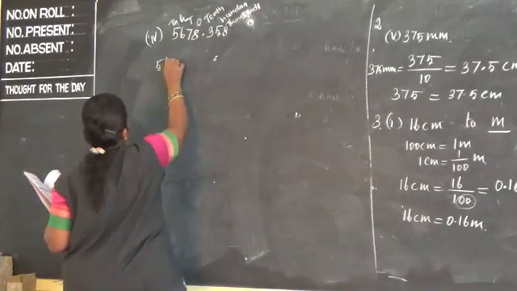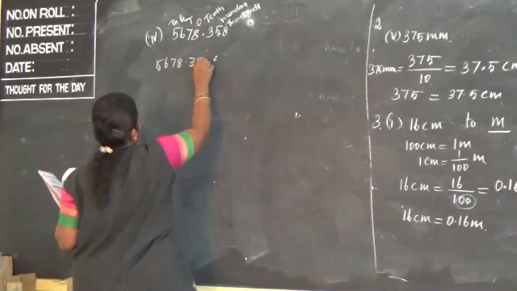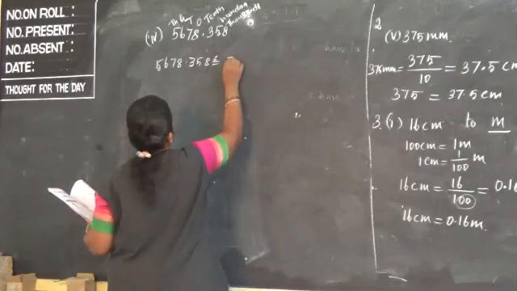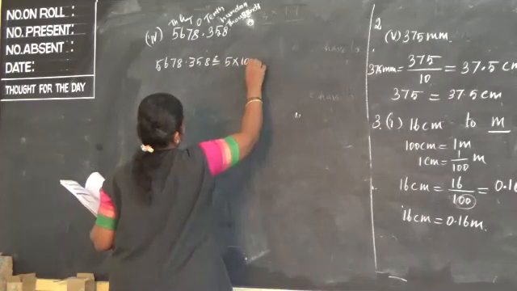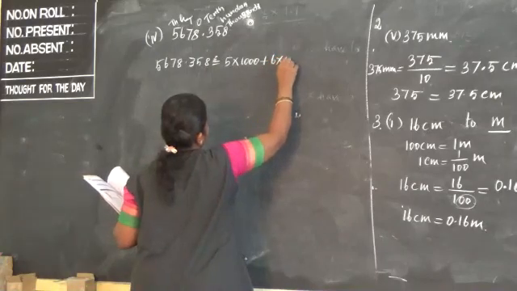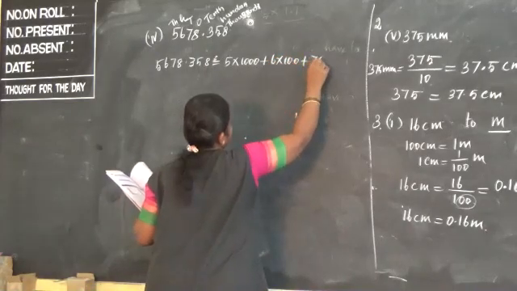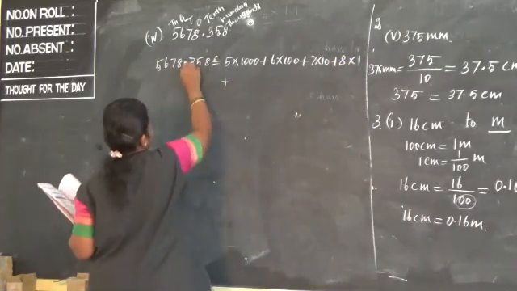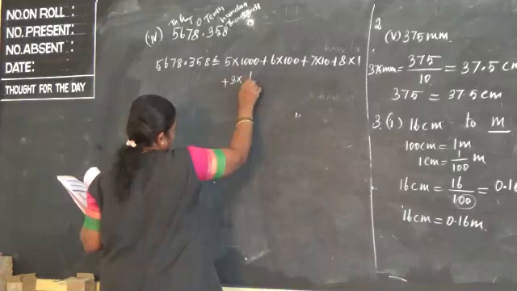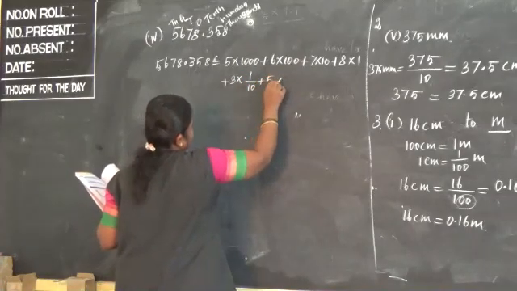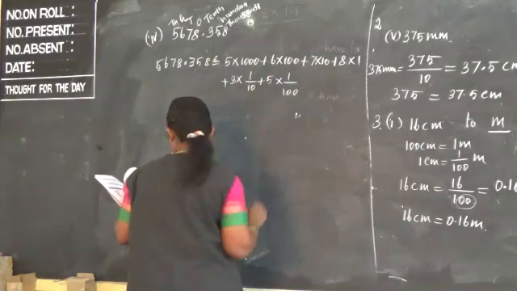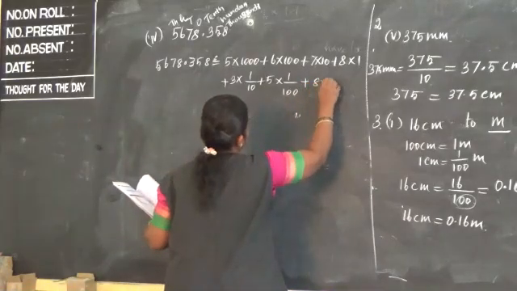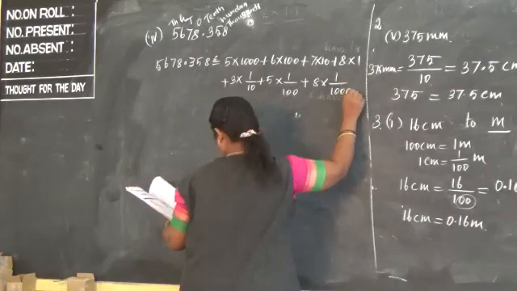So 5678.358 equals 5 into 1000 plus 6 into 100 plus 7 into 10 plus 8 into 1, then plus 3 into 1 by 10 plus 5 into 1 by 100 plus 8 into 1 by 1000.